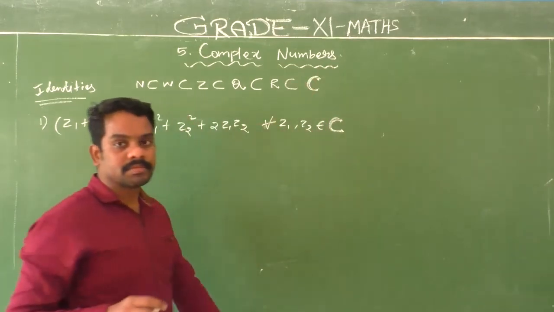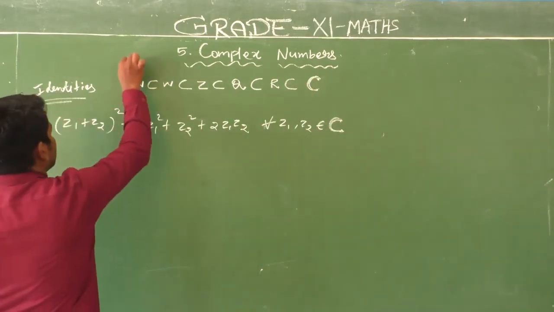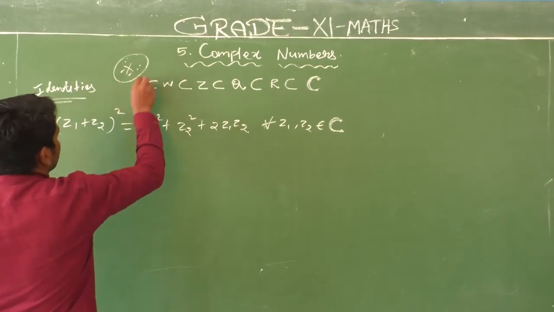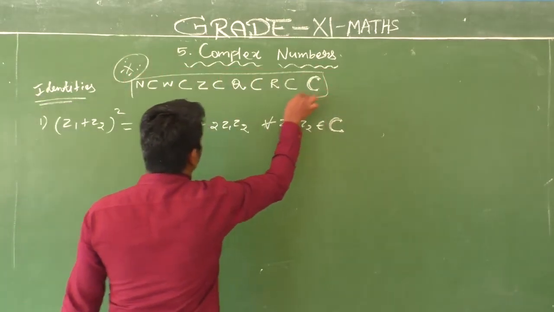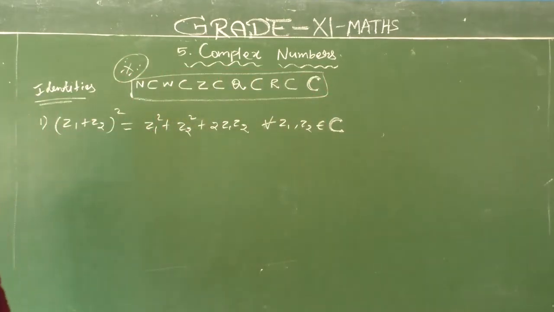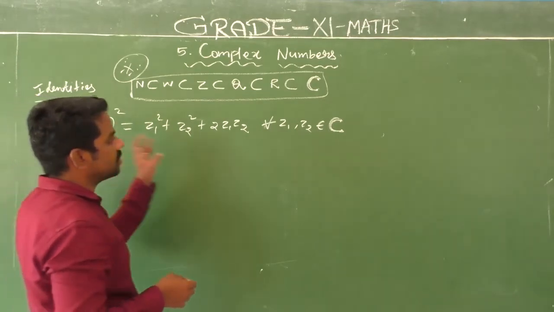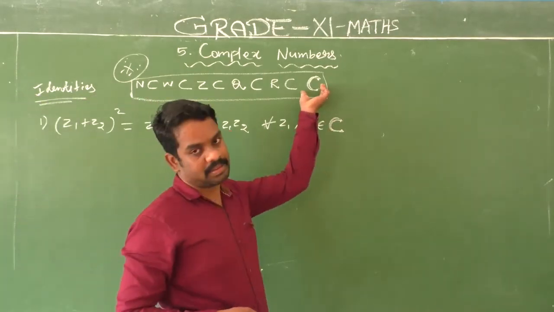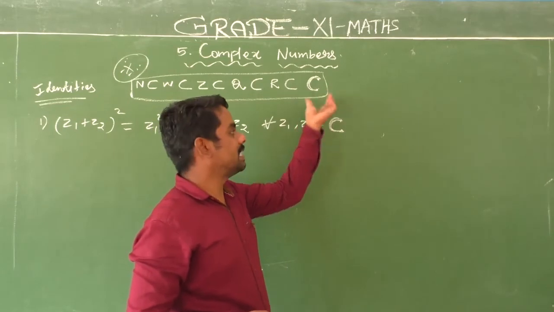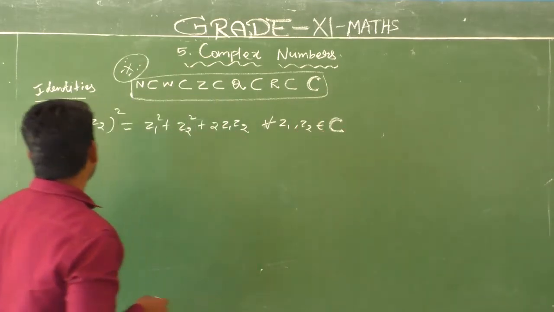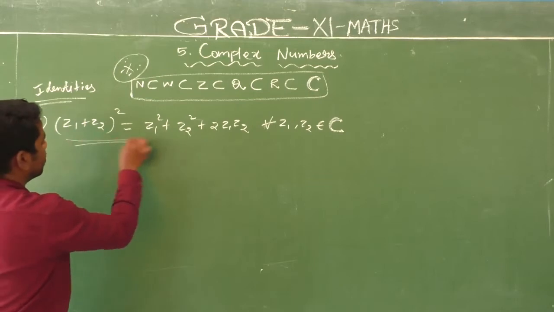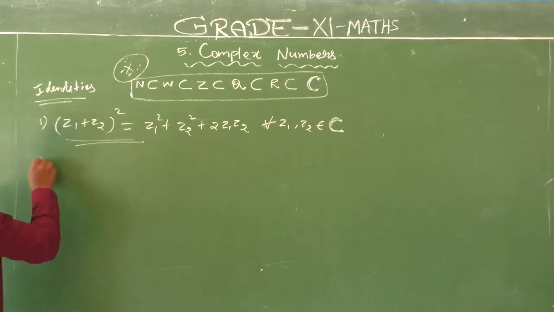Okay, this result is very, very important. Right. Next, here Z1 and Z2 belong to the set of all complex numbers, that is capital C. Right. Prove this property. Proof.